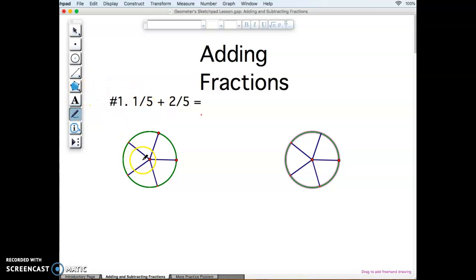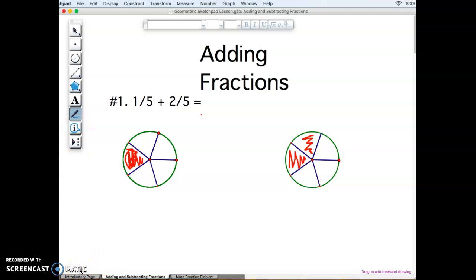So I'm just going to shade in one section on this circle. And then on the second circle, I'm going to shade in 2/5, two sections of the circle, like so.